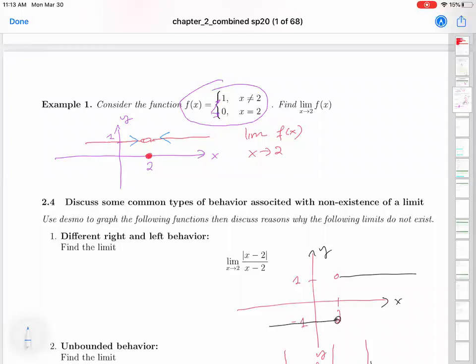And it looks to me that the function approaches 1 from both sides, even though the function value equals 0 when x equals 2. So this is a good example that shows you the limit of the function is not always the same as the function value when x equals 2.